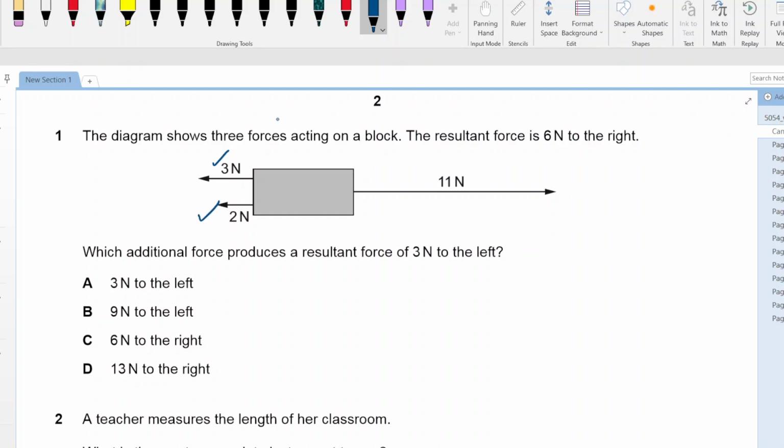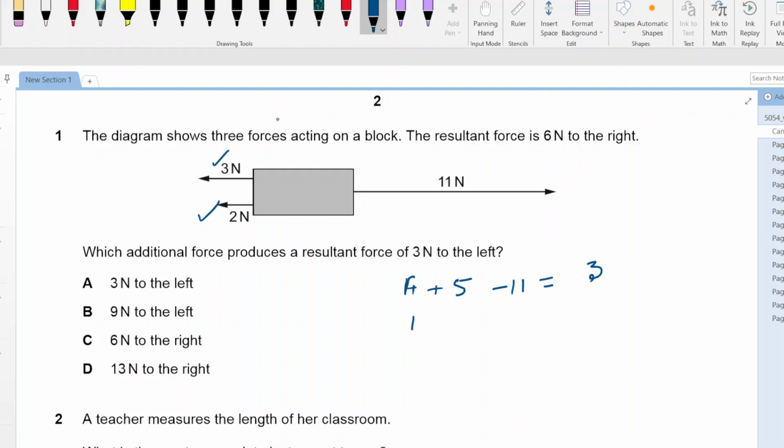Therefore, consider F Newton is required to act, and F plus 3 plus 2 is 5, minus 11 equals 3.